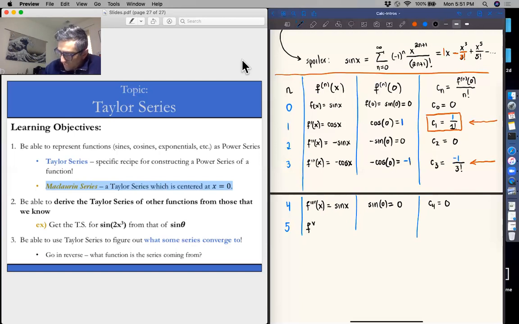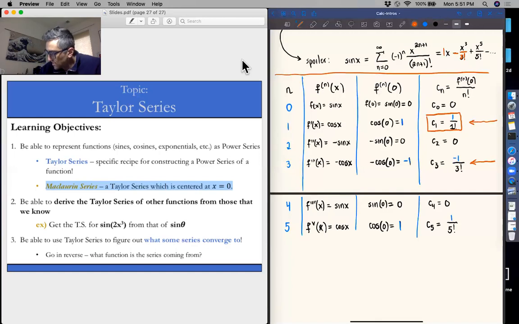If we look at the fifth derivative now of sine of x, that's going to be a cosine of x. Evaluating that cosine of 0 gives us a 1. So the C fifth term, or the fifth coefficient, will be that 1 in the numerator divided by 5 factorial.